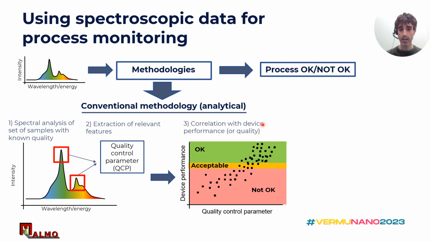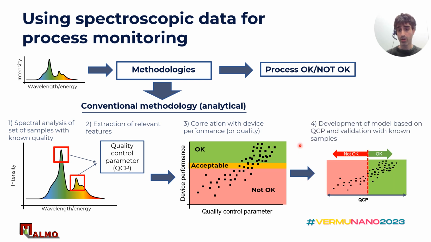Then you try to correlate this quality control parameter to the quality of the final device. Here you can see a very simple example in which you have a linear correlation of the quality control parameter with the device performance. And then what you need to do is, from this correlation, develop a model based on this quality control parameter and validate it with known samples.